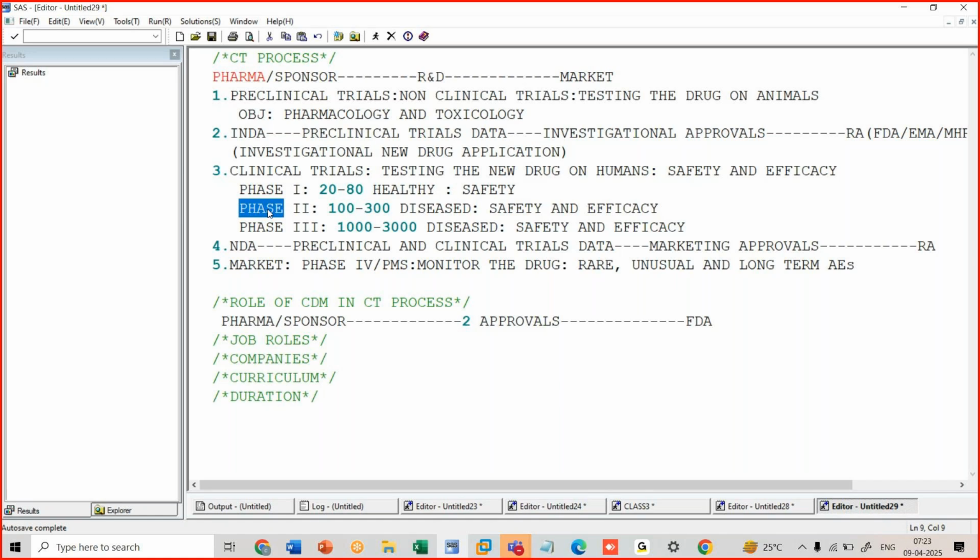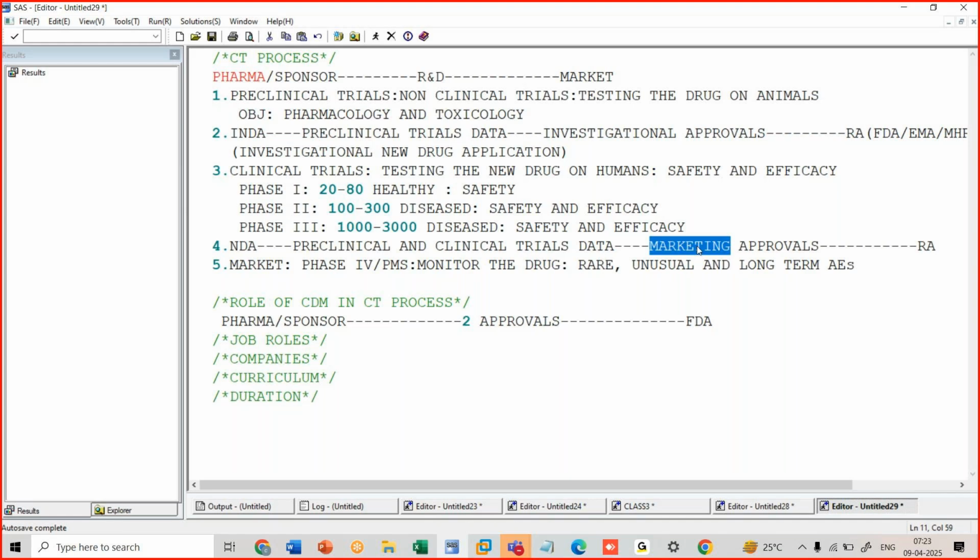One is investigational approval, the other one is marketing approval. Further, we need to investigate the drug with the investigational approval. With the marketing approval, we are going to release the drug into market.